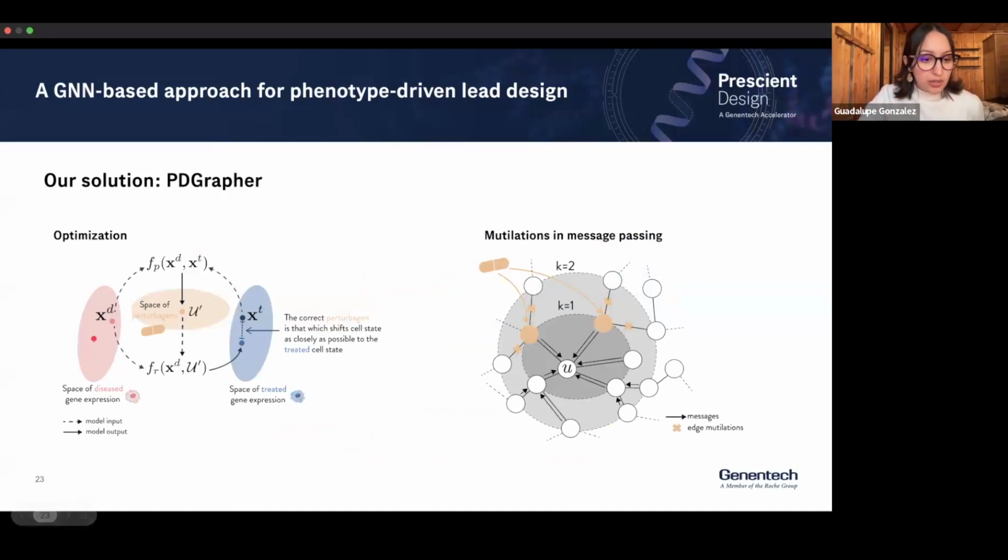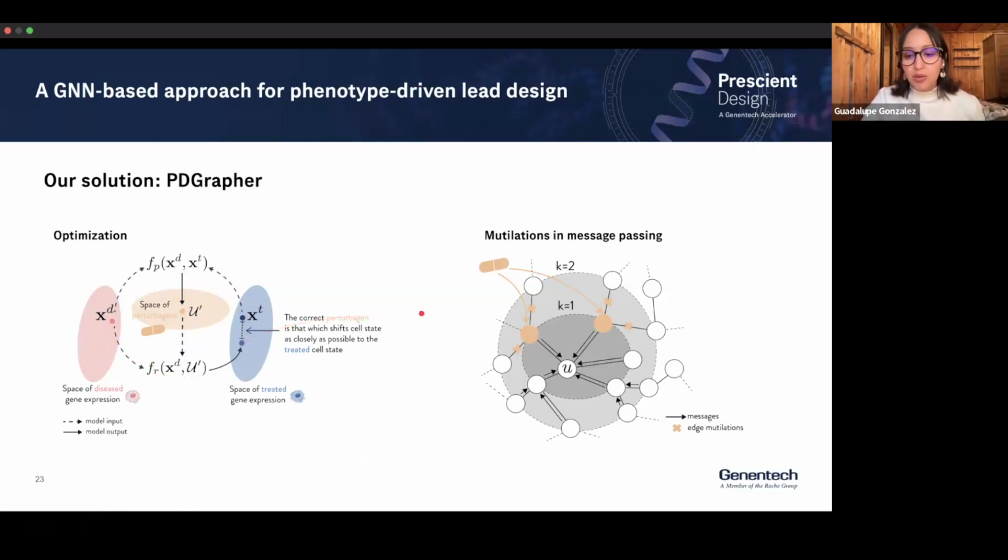How this is optimized is we start here from the diseased sample and the treated sample, and this perturbation discovery module proposes a candidate U prime, and then we go again from the disease sample and this candidate perturbagen, and the response prediction module tries to predict the treated response, which should be as close as possible to the real treated response.